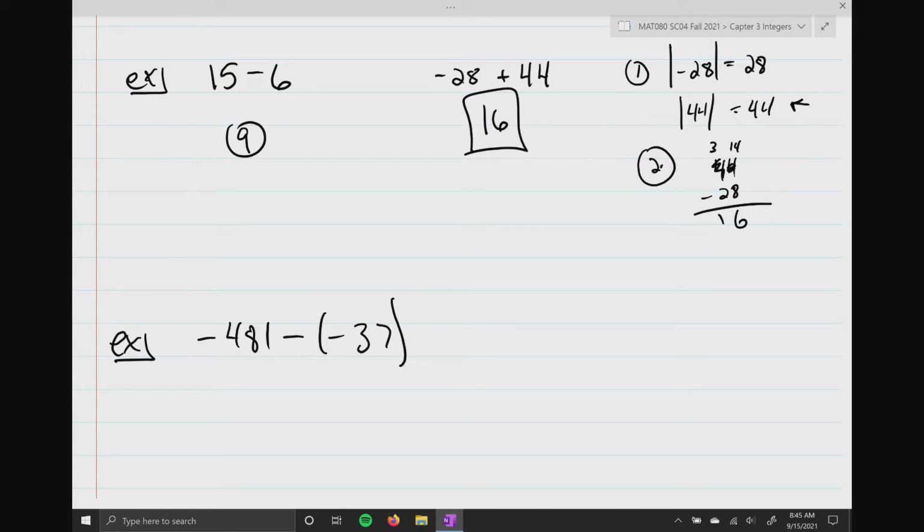Are you sure? Doesn't it turn into a positive? Are you sure? Notice, I didn't say Lakendra was wrong. I just asked, are you sure? I think... Okay, so this is the first problem where we need to be careful. Okay? We need to be careful.